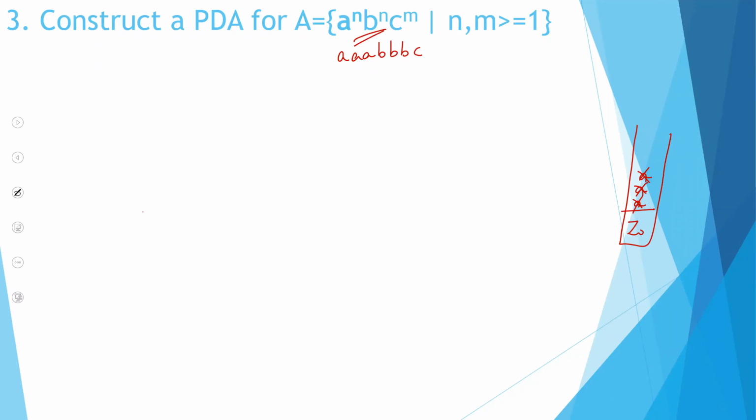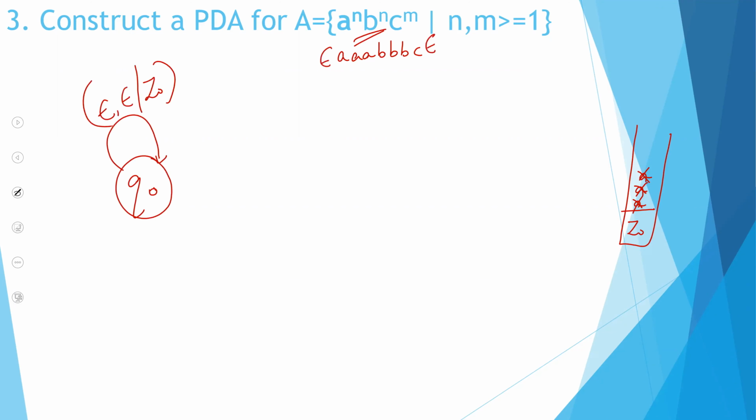You will have Q0. Initially, you will encounter epsilon because you have an epsilon over here. You even have an epsilon over here. The top of the stack also, nothing is there. I have now put Z0 into my stack. For my first A which I encounter, the top of the stack was Z0.